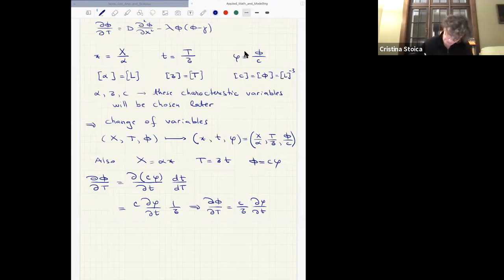Now we have to do the next term. So d phi at dx, and then again at dx. So this will be d little c phi at d little x, and then d little x at d capital X. So this is c d phi at dx times d little x at d capital X, which is 1 over alpha.